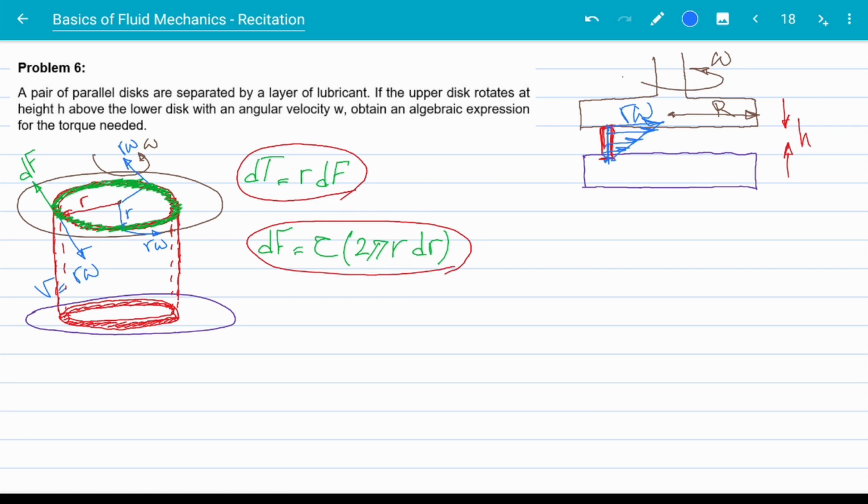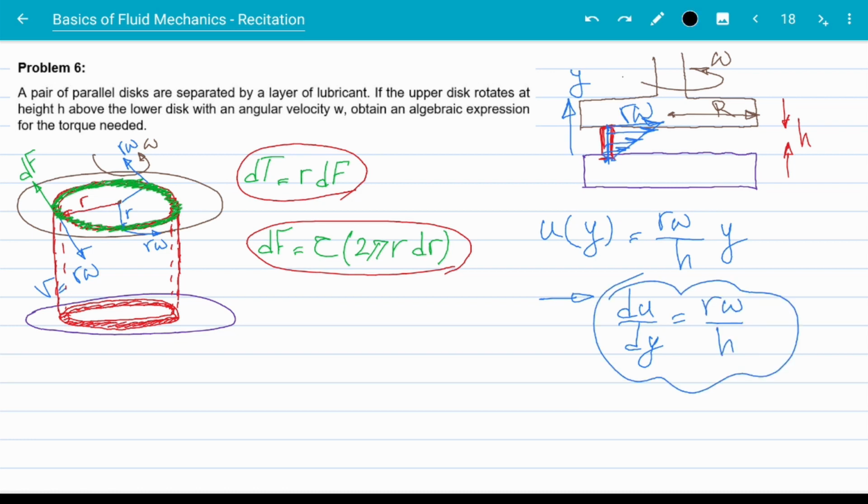I'm just going to tell you that the linear velocity here, just like the ones that we found in problems 4 and 5, is u as a function of y, if this is the y direction, is rw over h times y. This means that the velocity gradient du over dy is rw over h. Now finally, the last equation that I need is tau is mu du over dy.